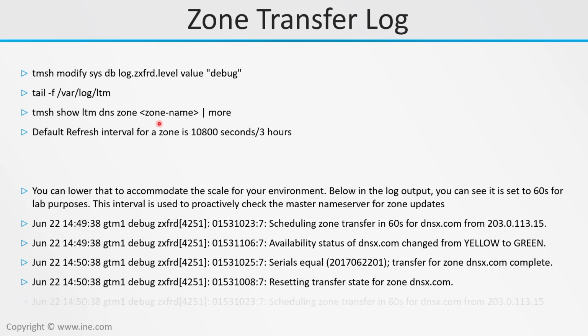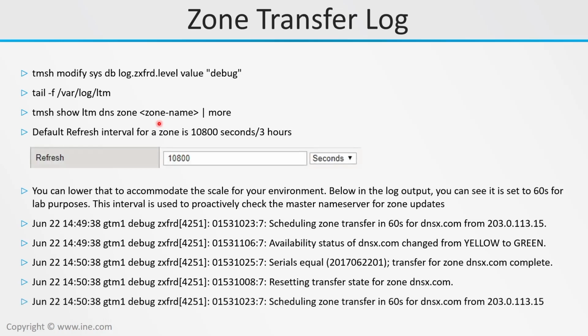You should note that the default refresh interval for F5 to receive zone updates from the master name server is 3 hours, or 10800 seconds. You can set this lower for troubleshooting or lab purposes, something like 60 seconds, so the changes you make to the master name server will be quickly added to F5 by the zone transfer request from F5.